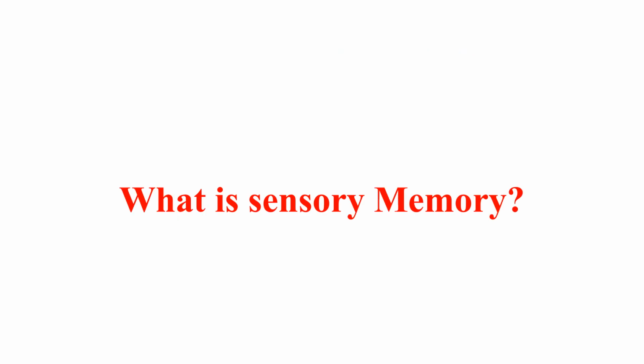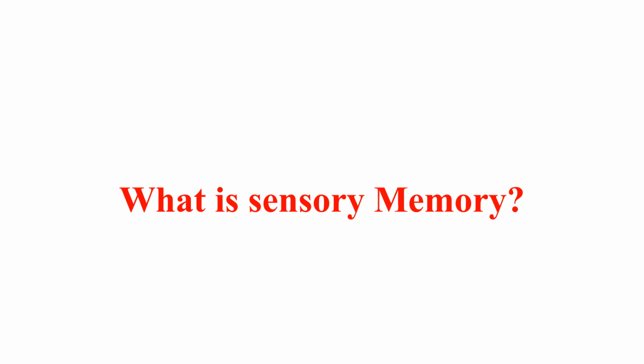So what is the sensory memory? Let us start with the sensory memory. In this there are two words, one is sensory and another one is memory. We know the meaning of memory, but what is sensory? Sensory means our senses, that is, human senses. There are three main senses, three major senses: sight, that is the eye, hearing, and touch.